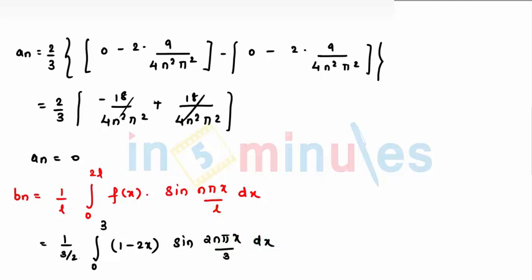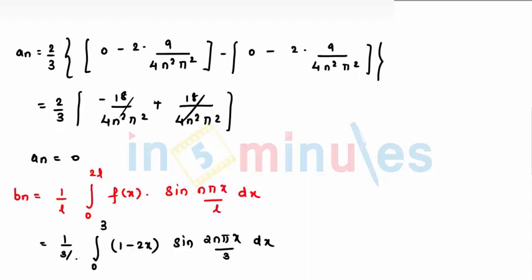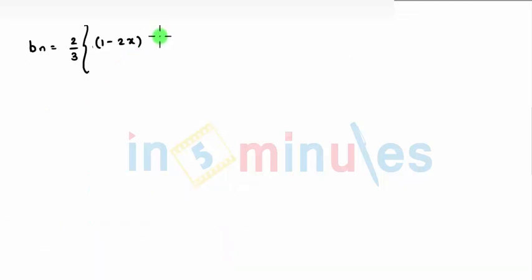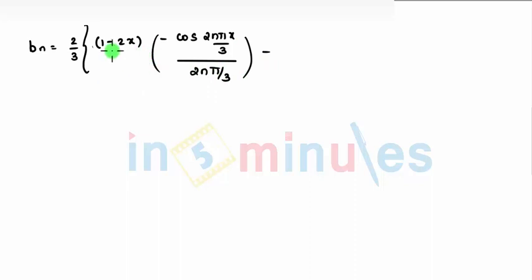Now let's write Bn as 2 by 3 and let's write the integration. This comes to be 1 minus 2x. Further, I can say integration of 1 minus 2x and integration of sine comes to be minus of cos of 2n pi x divided by 3, and this whole gets divided by 2n pi divided by 3, minus differentiation of 1 minus 2x is minus 2.